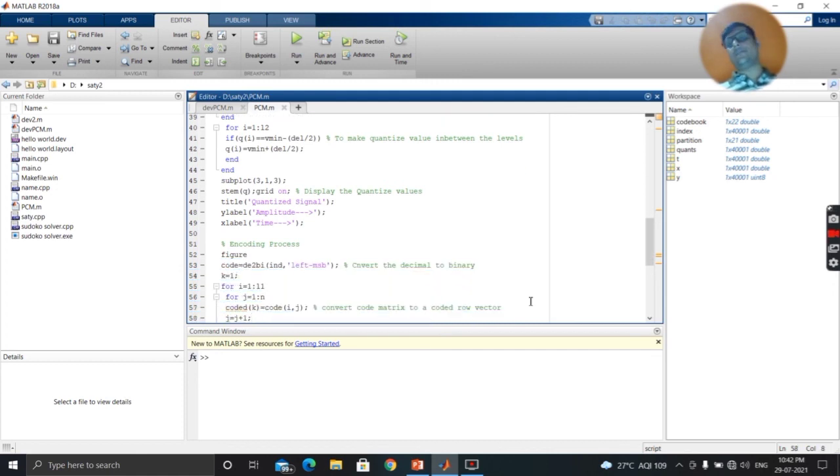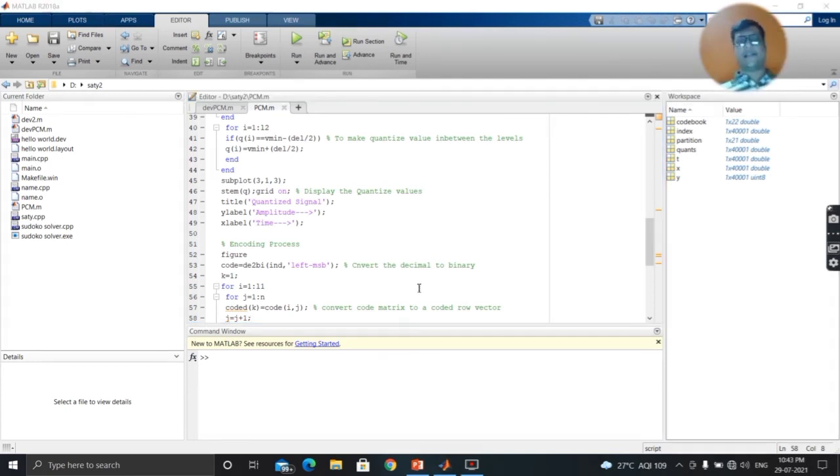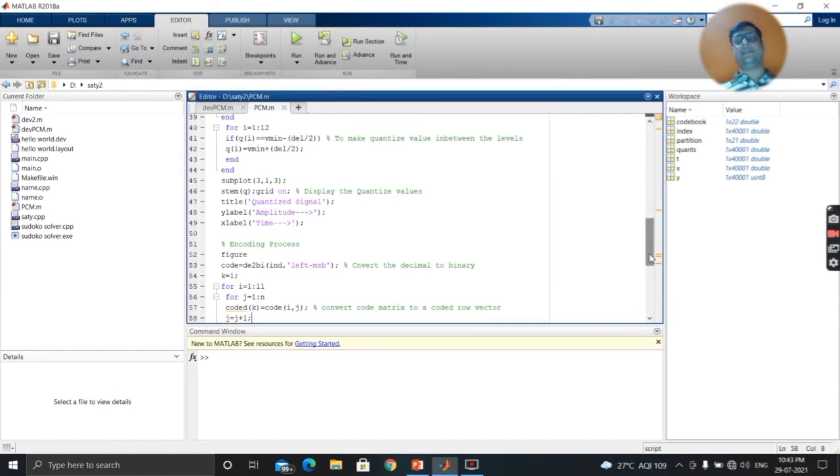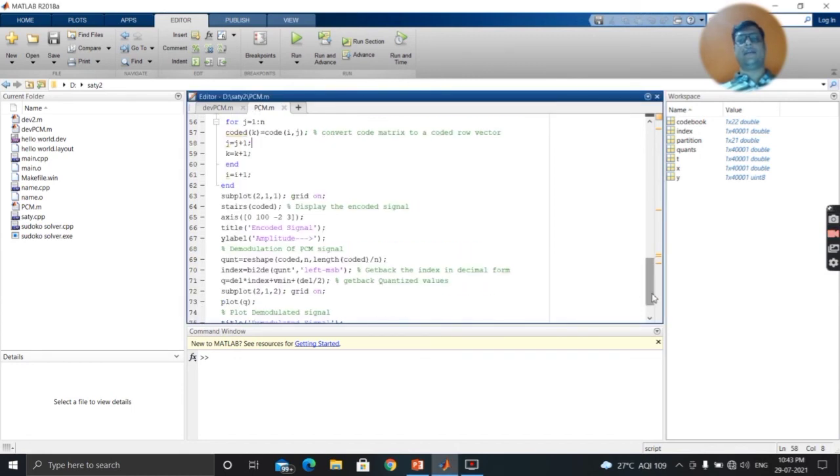This is the encoding process: we need to convert the assigned decimal values into binary. That means we are encoding the data. Encoding what? Encoding the binary data. The result will be binary, because the decimal values at discrete positions are converted into digital data. So digital values are identified and we need to plot them. That plot is called the encoded signal.